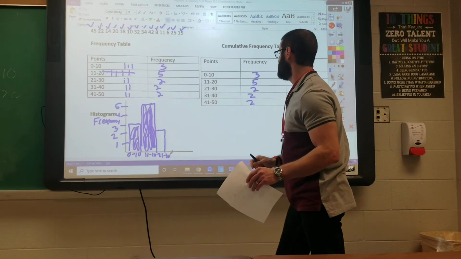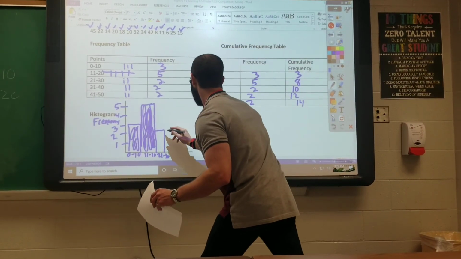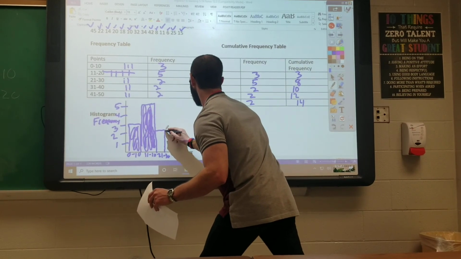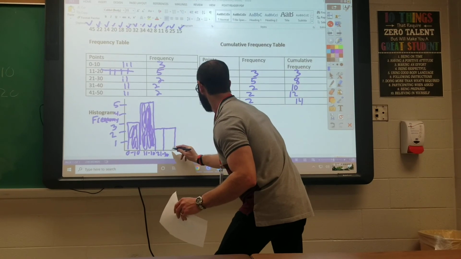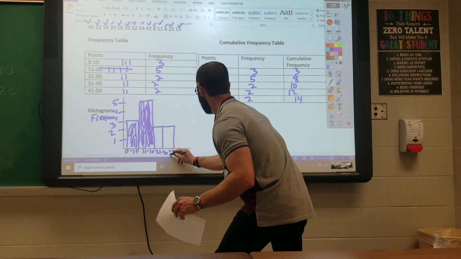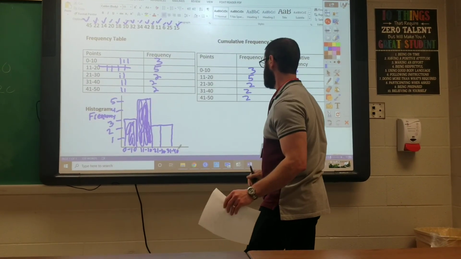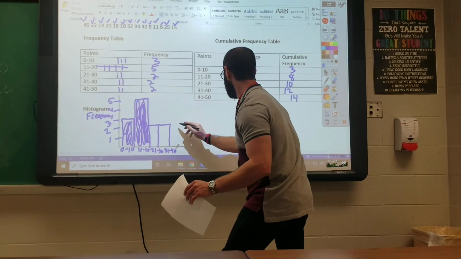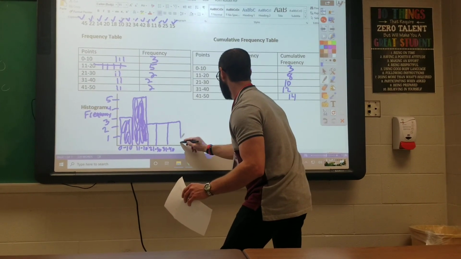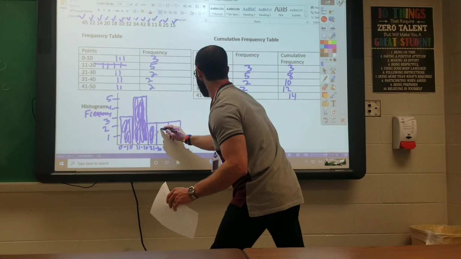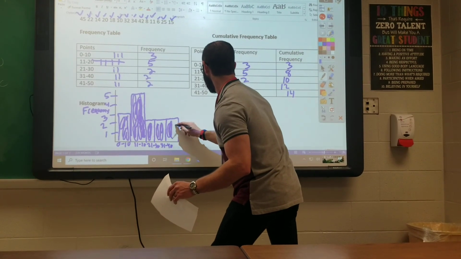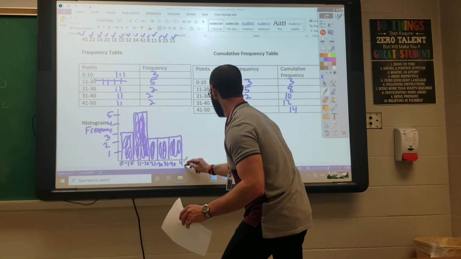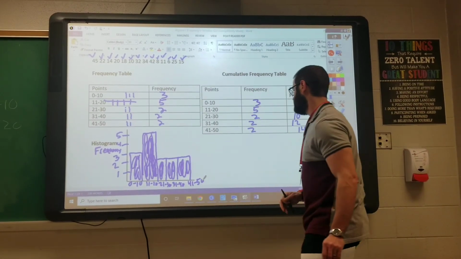The next one, 31 to 40, it's going to be the same height. This is 31 to 40. And then the last one, 41 to 50, is also at the same height. They're all at 2, so 41 to 50.